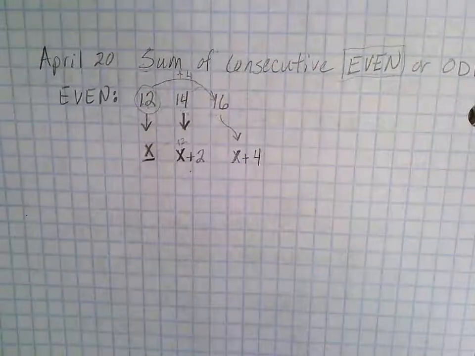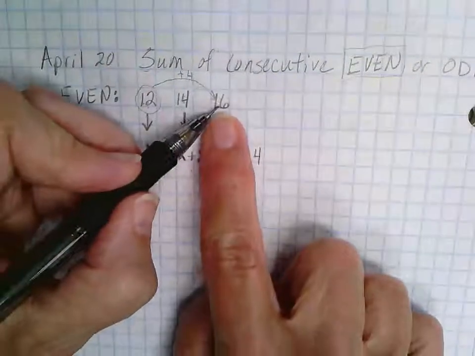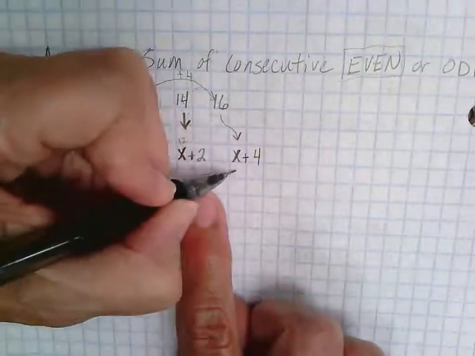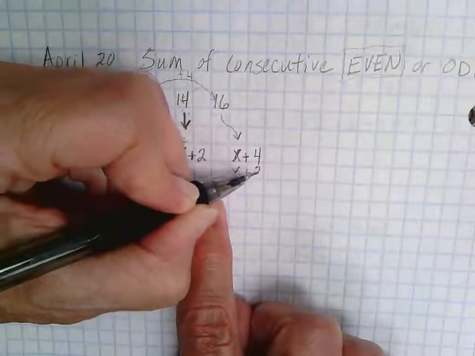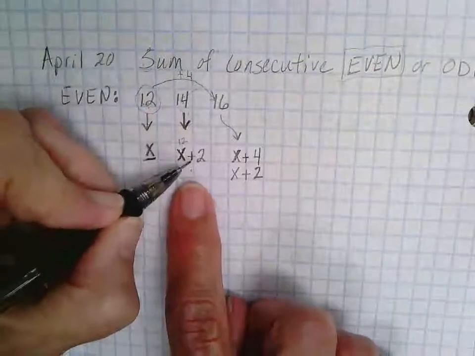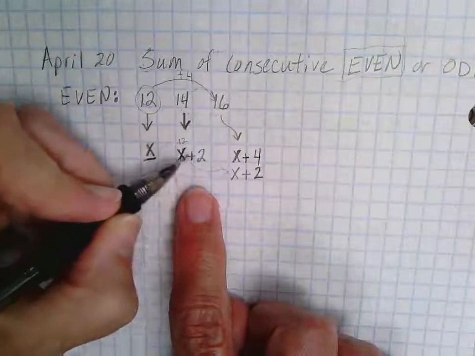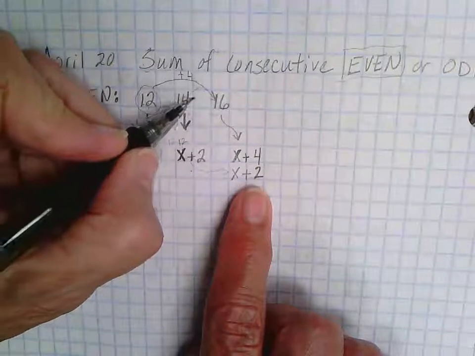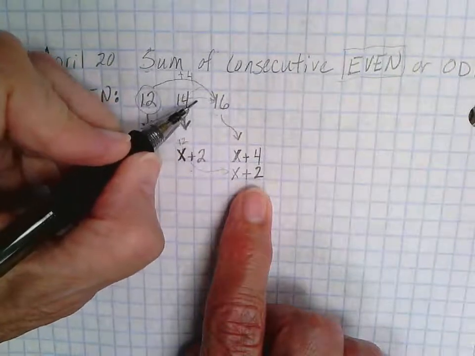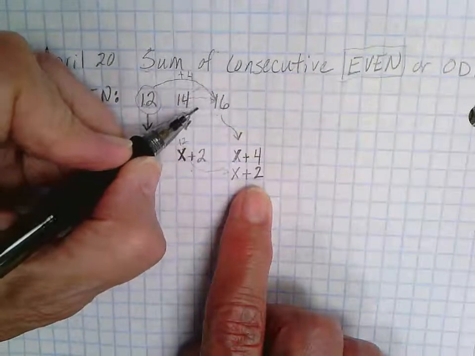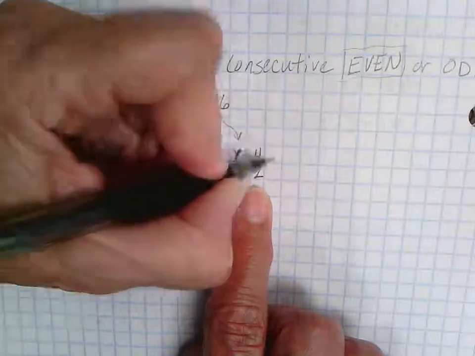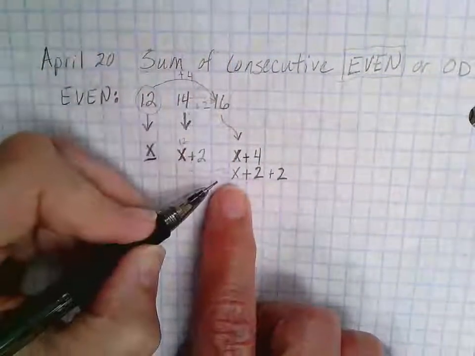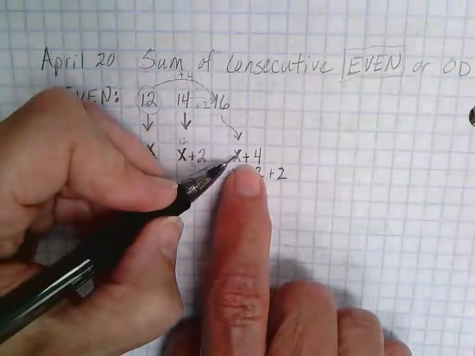I could also think of this last number, if I had 3 of them, as the previous number, x plus 2. So I'm just taking this part and saying, well, it could be x plus 2, and then what do I add to 14 to get to 16? I add 2.